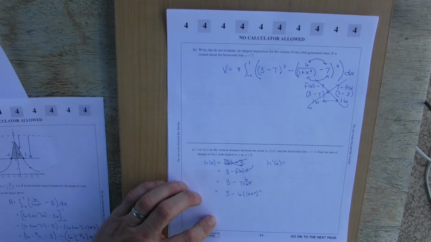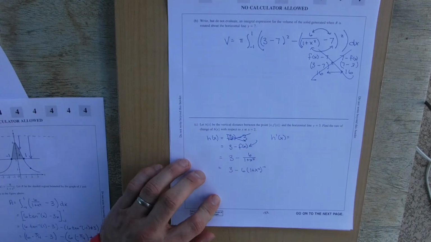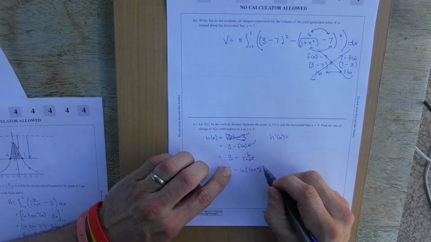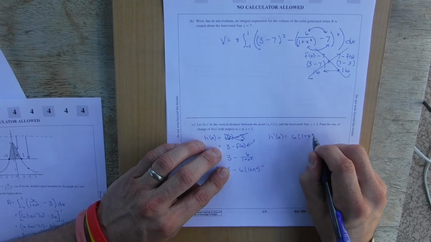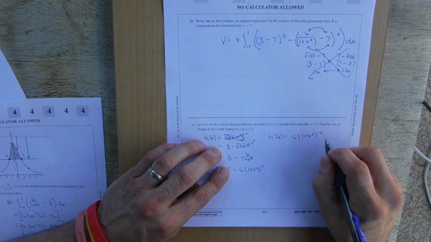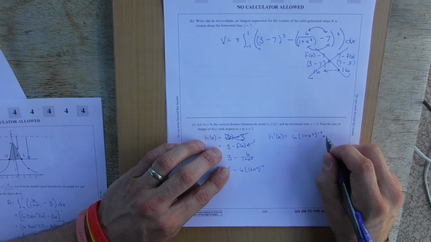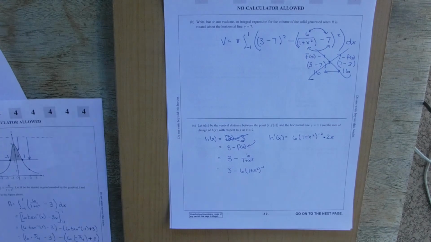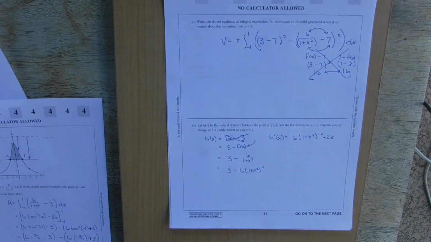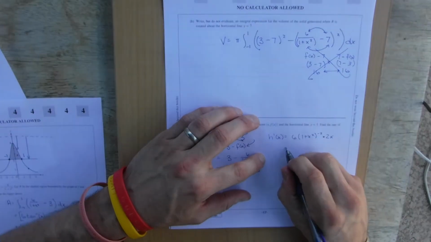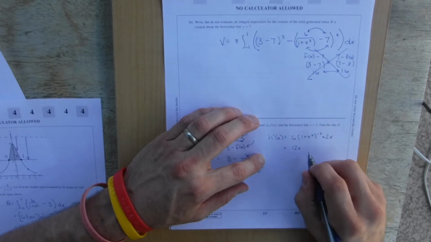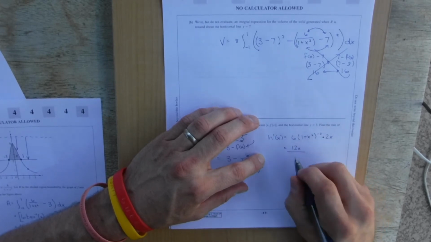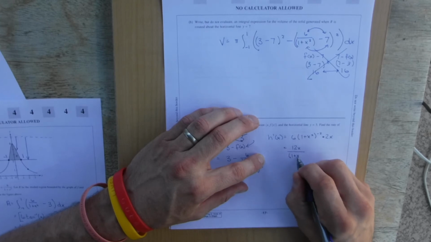So again, 3 goes away, 6, negative 2 times chain rule. So derivative of the inside, 2x. Make it look a little bit prettier, 12x over 1 plus x squared.